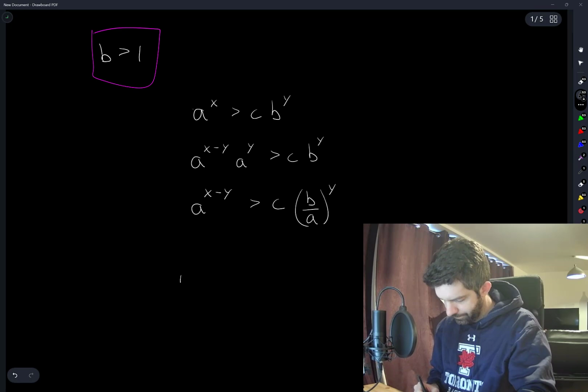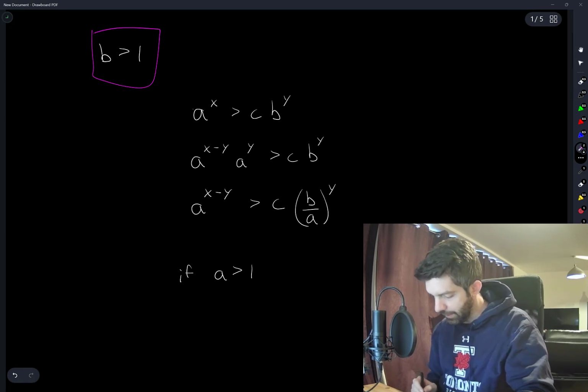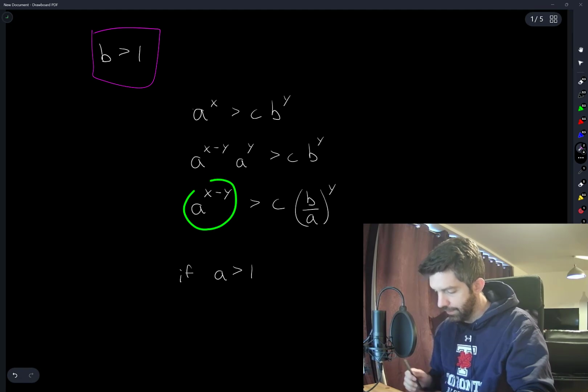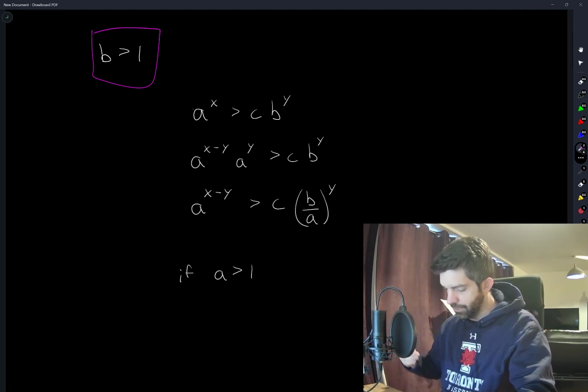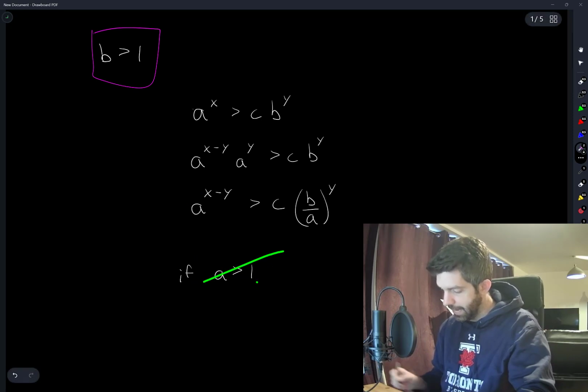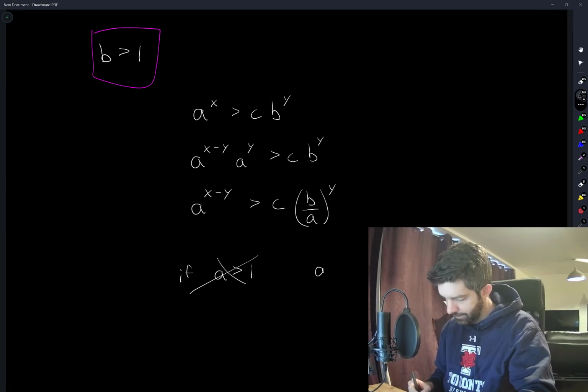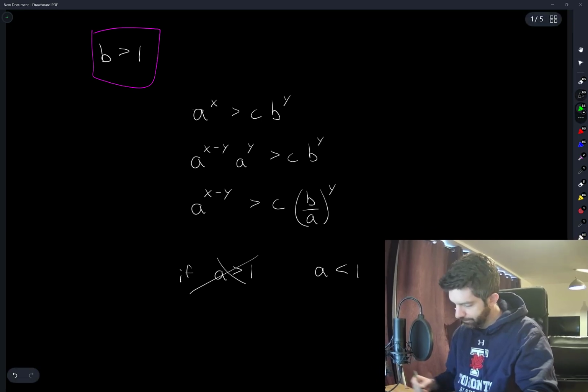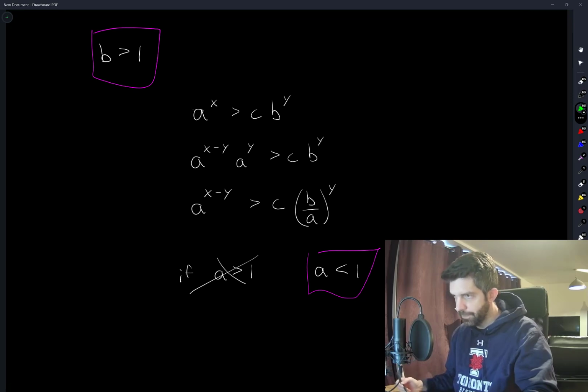Now, if A is greater than 1, then we can do the same thing. We just let x be arbitrarily large, and this left-hand side just keeps getting larger and larger, which would give an infinite number of solutions, and so we can't have that. So we need A less than 1. And so we need B greater than 1, A less than 1. This is option D.